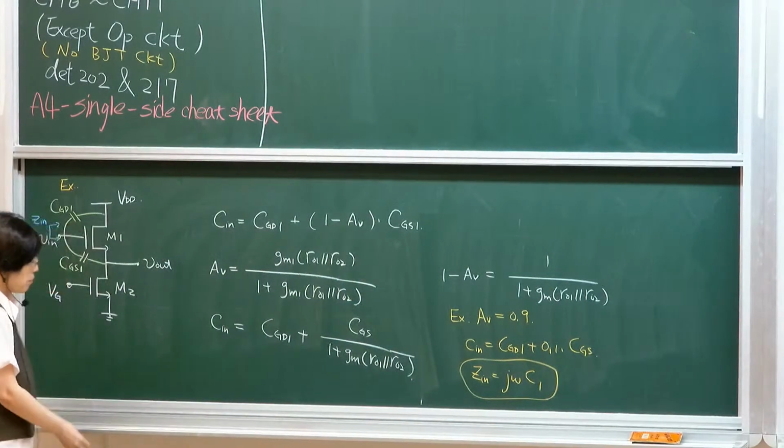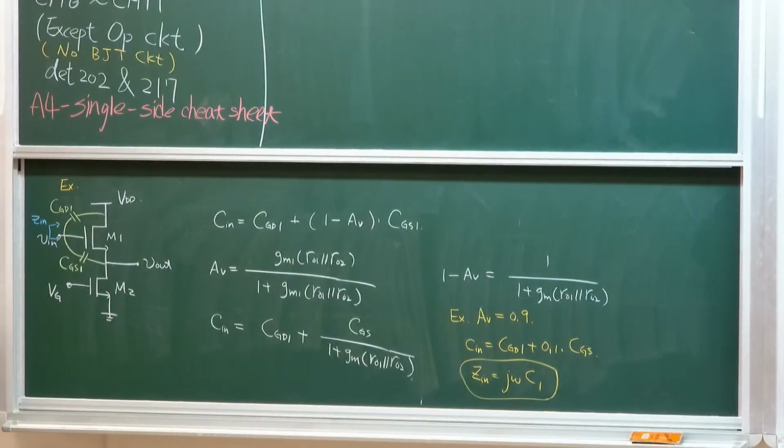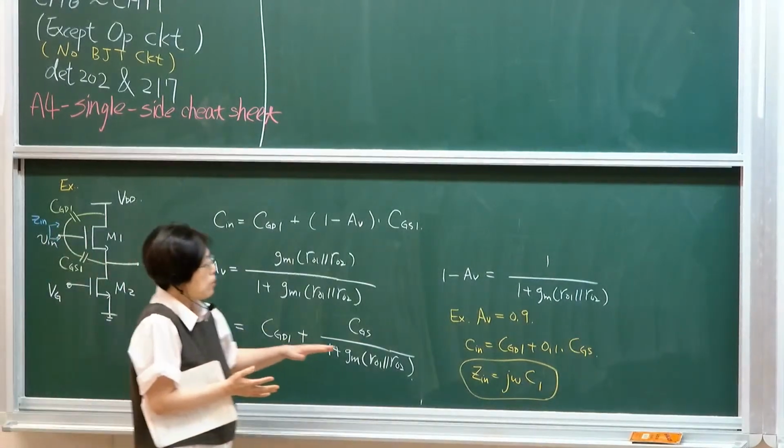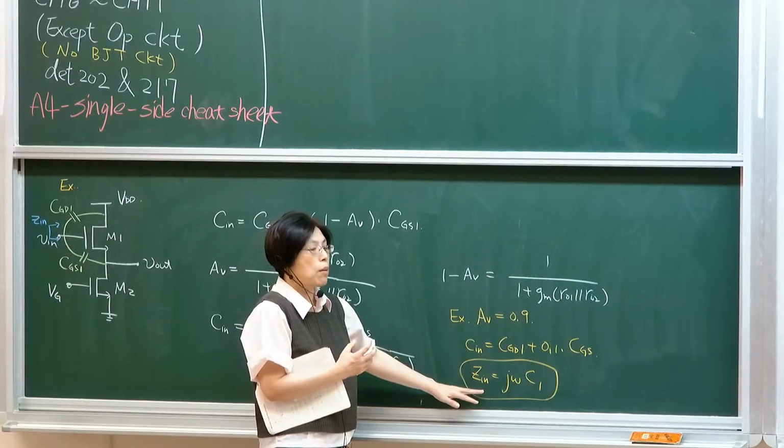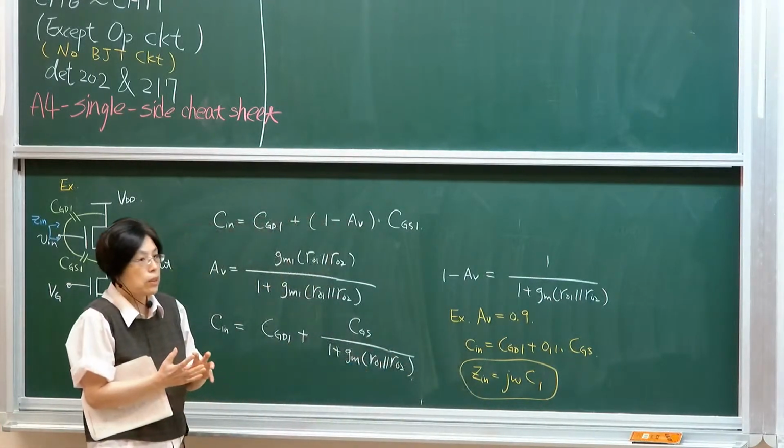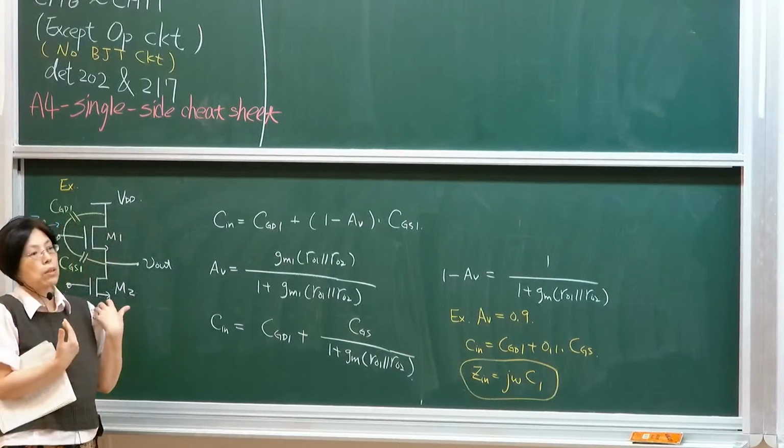Okay? So this is actually good news, because I could make large transistors without increasing my input capacitance, because your common source stage is typically being driven by the previous stage.